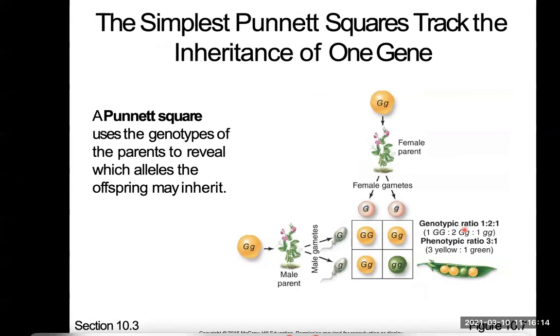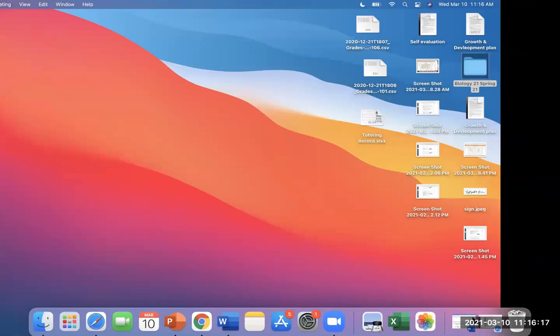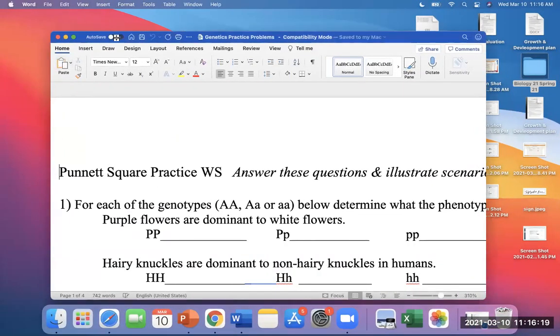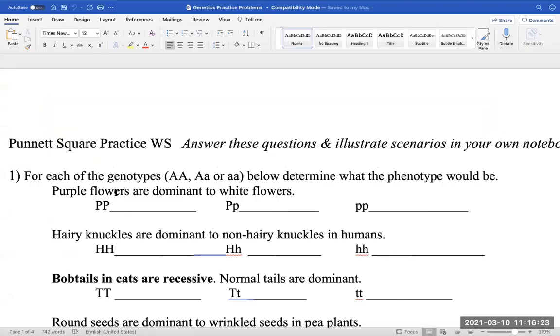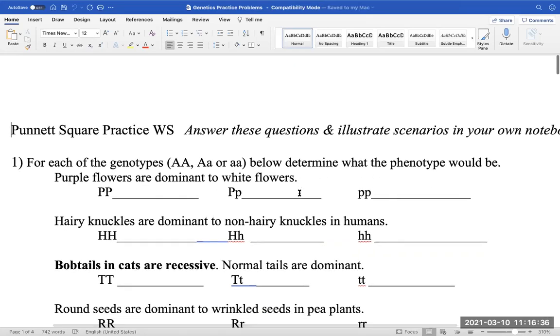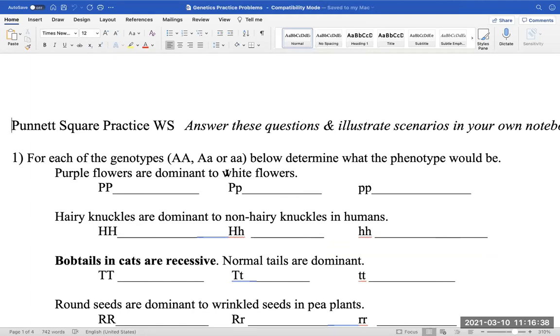Just to make sure that you guys are following me, let me give you something for practice. Help me with some of these problems. I'm not going to do all of them, just to make sure that you understand it. Here it says for each of the genotypes, big P, big P, big P, little p, little p, little p, determine which phenotype it would be, where purple flowers are dominant to white flowers.